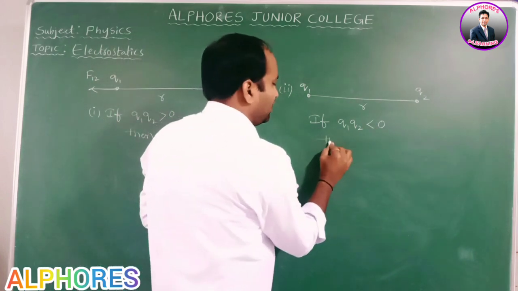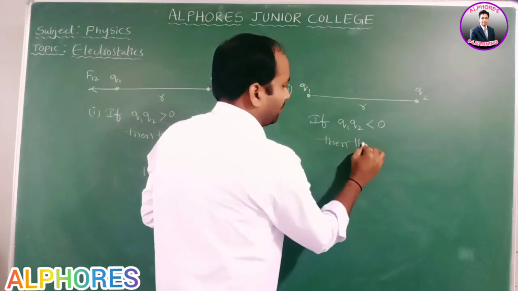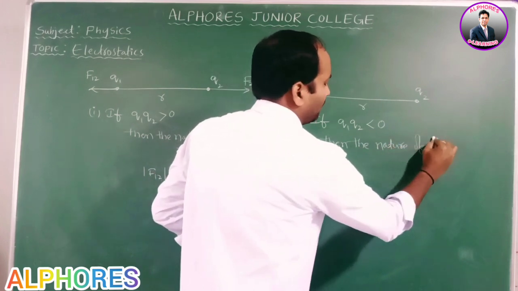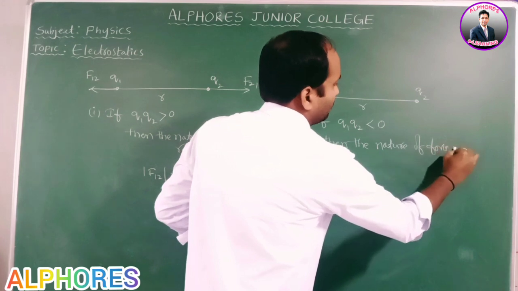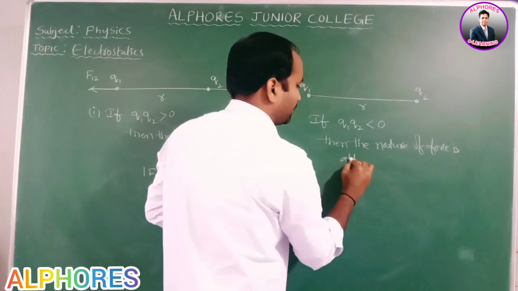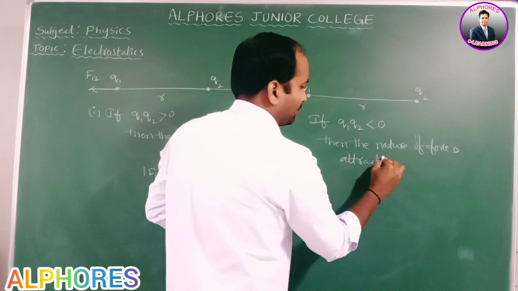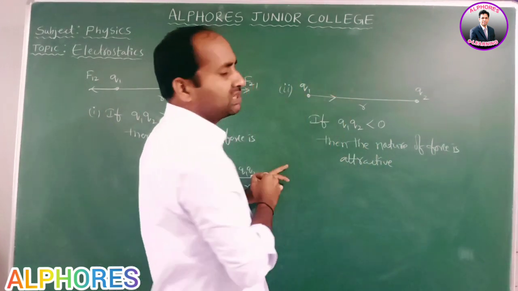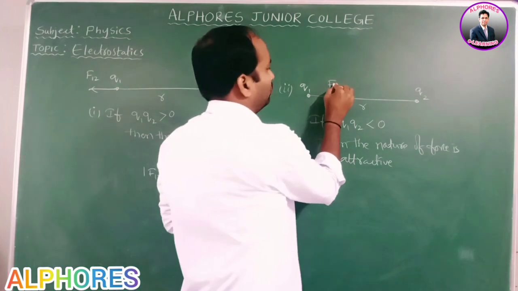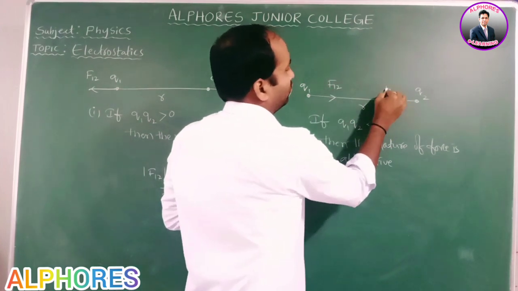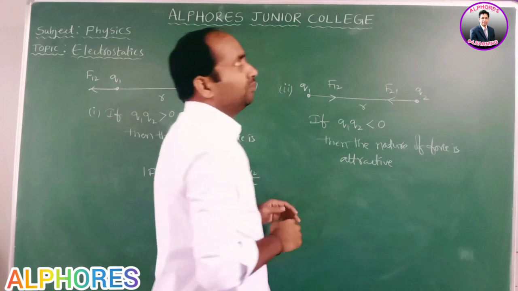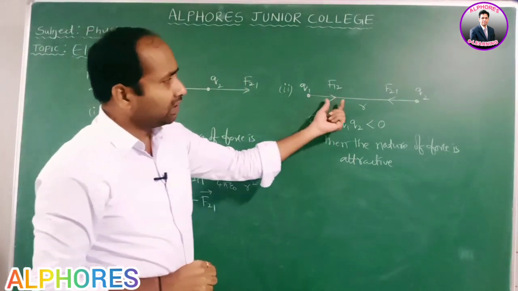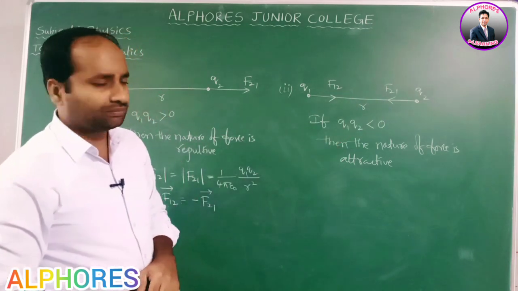Then the nature of the force is attractive. Q1 is attracted towards Q2, F12, and this is F21. Same magnitude, but here also opposite in direction.